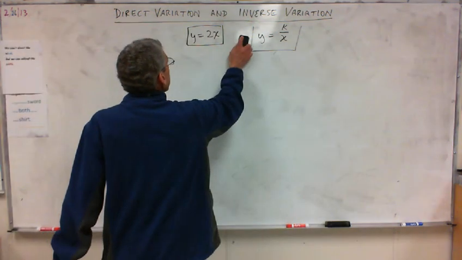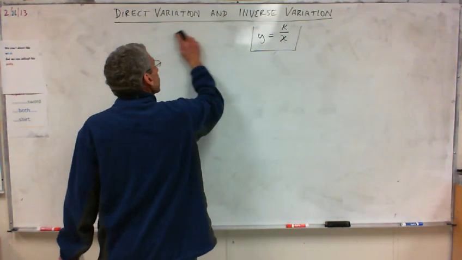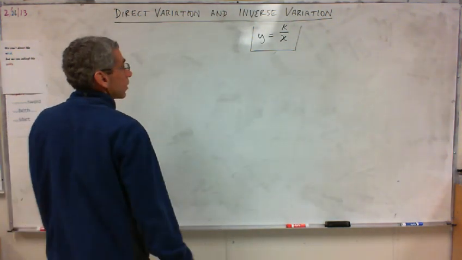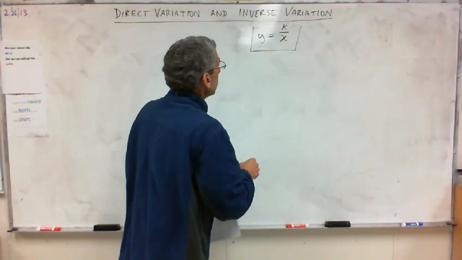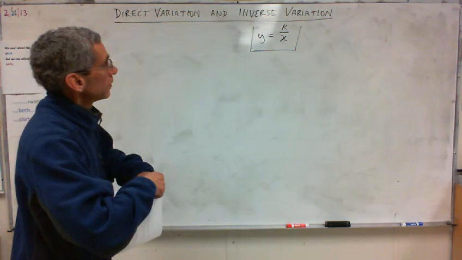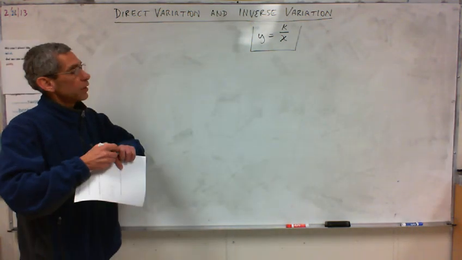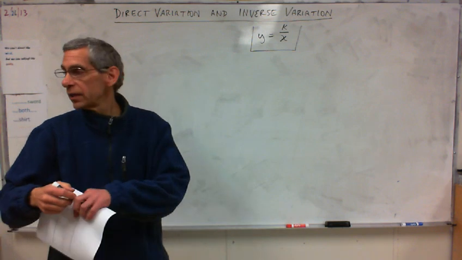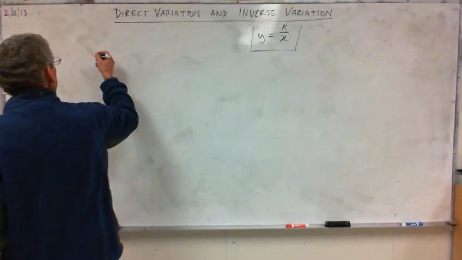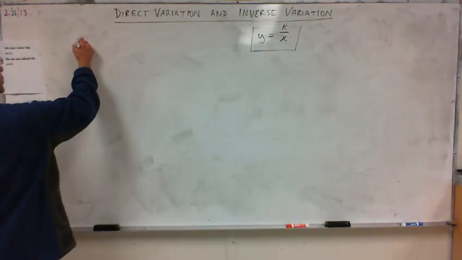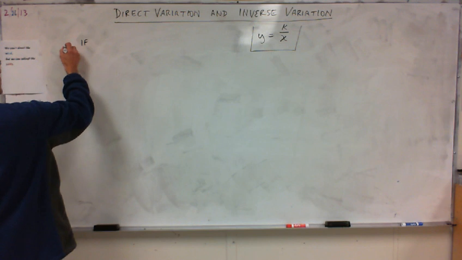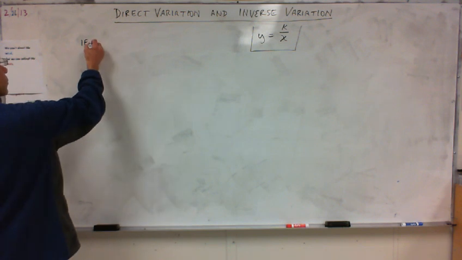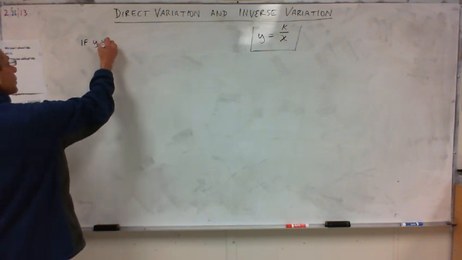So inverse variation. Now we're done with direct variation, so I'm going to erase that. We're going to talk about inverse variation. This says y is equal to k over x. Let's do another problem that's based on if y varies inversely.